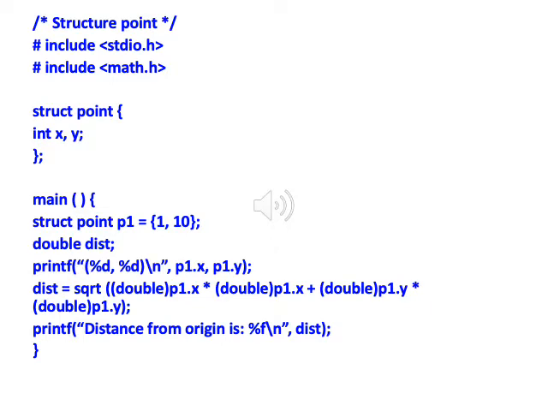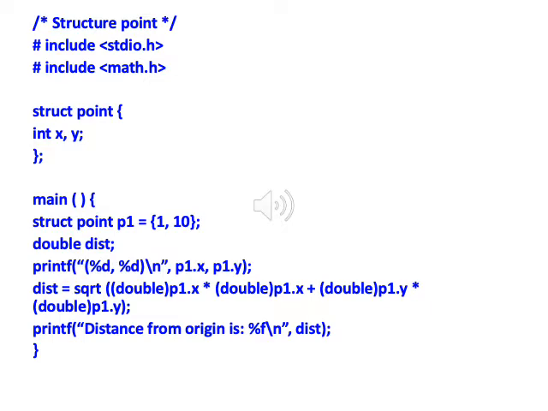As we see from main, in the first line we are declaring a variable of the structure, which means we are declaring a specific point. After that, we are assigning values to both the x and y components, or x and y member variables, of that point.